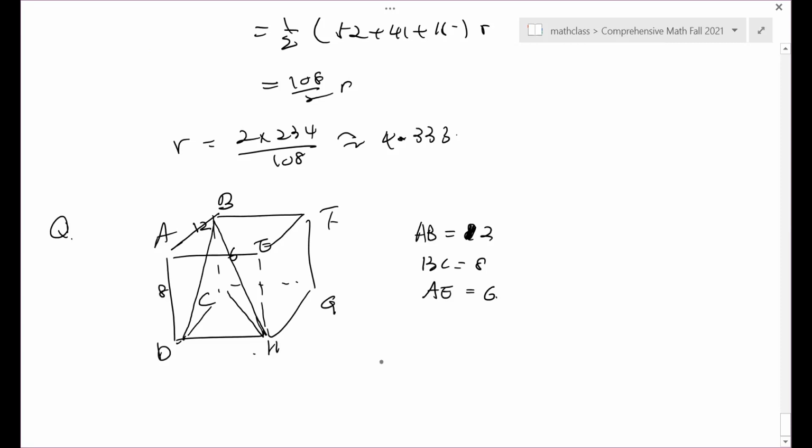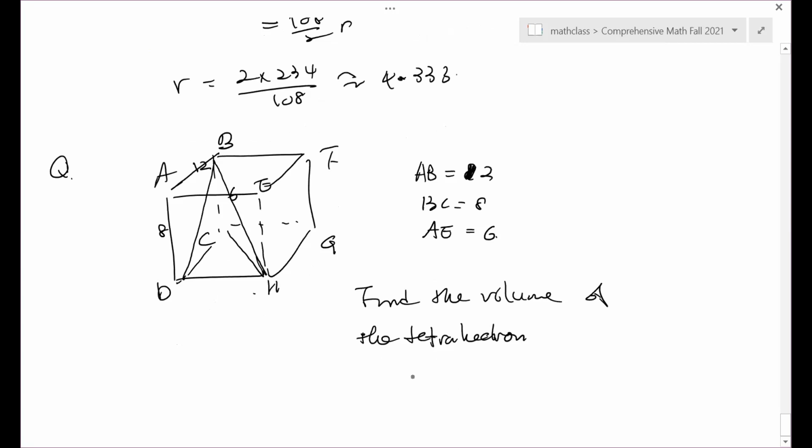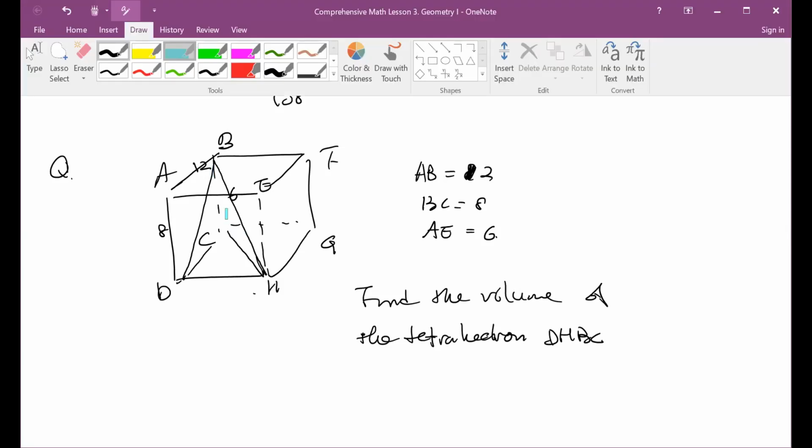The tetrahedron is D, H, B, C. Let me color it, otherwise it's hard to visualize. So this is what I'm talking about.